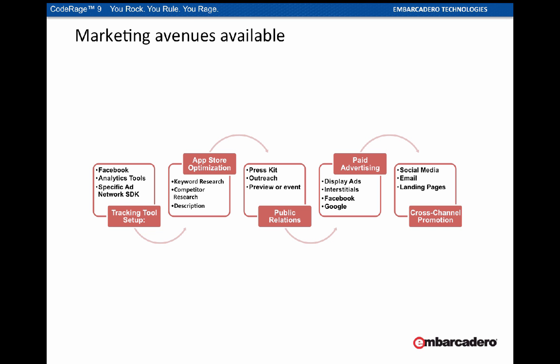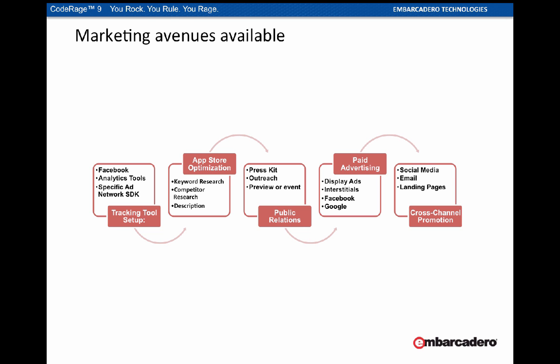You have analytics tools that will go ahead and do some analytics, like whether this app was being downloaded, how many times it was downloaded, did anybody uninstall it, etc. Then if you're looking at deploying this through a specific ad network, you have an ad network where you can go ahead and target these ads.